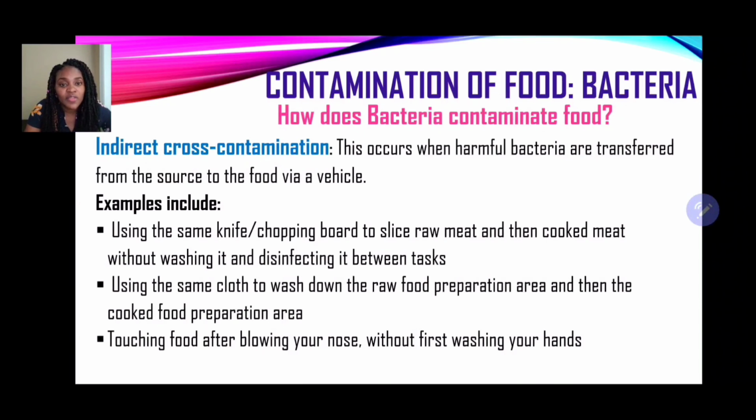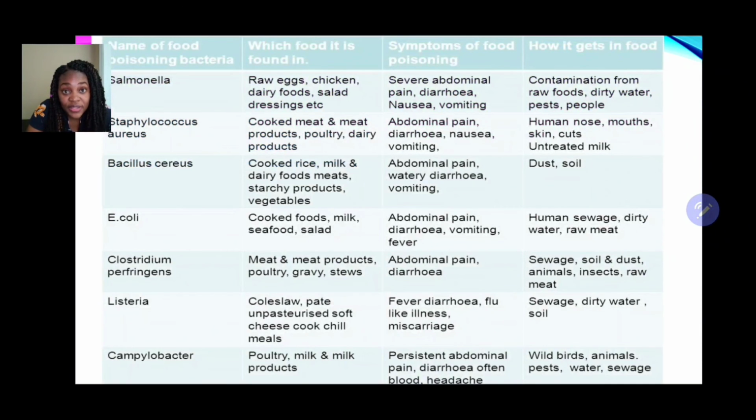Using the same cloth to wash down the raw food preparation area and then the cooked preparation area, right? That's how bacteria can contaminate food items, right? Also, touching food after blowing nose without washing hands first.